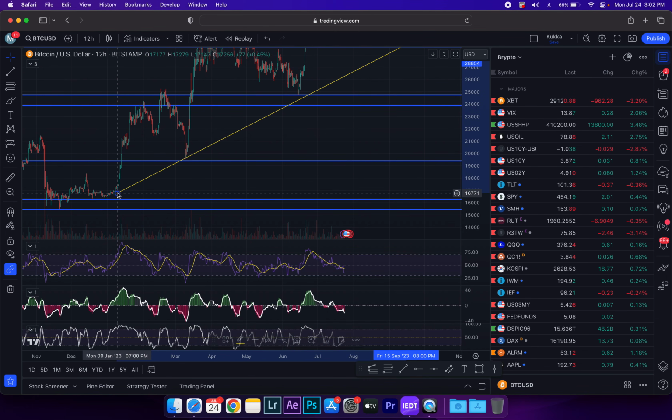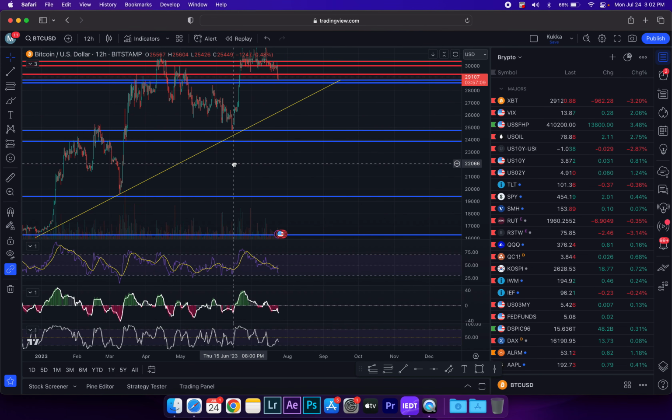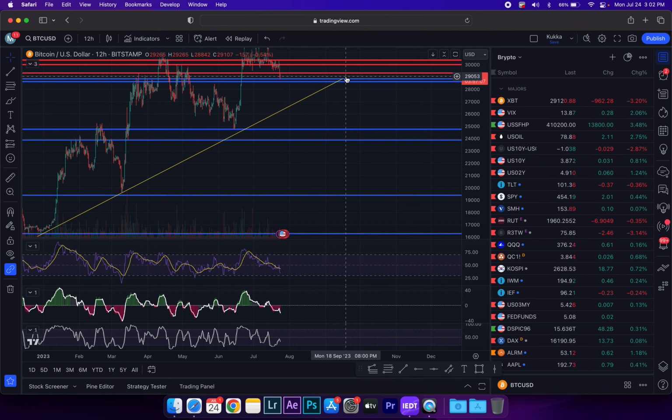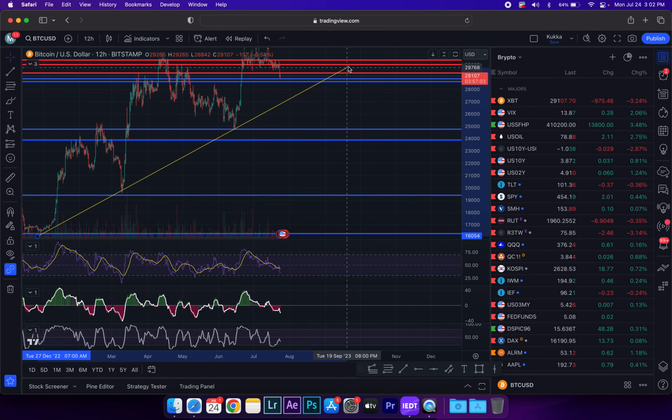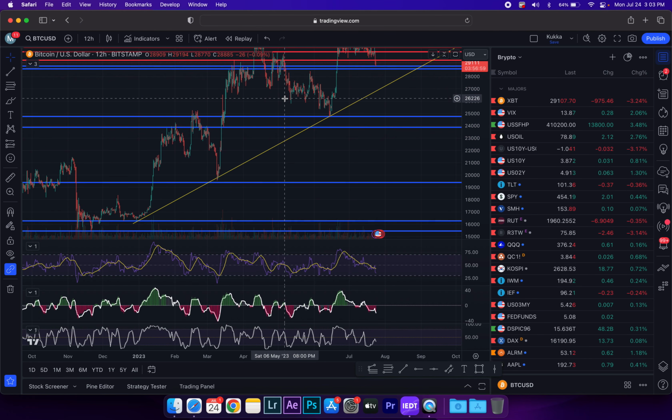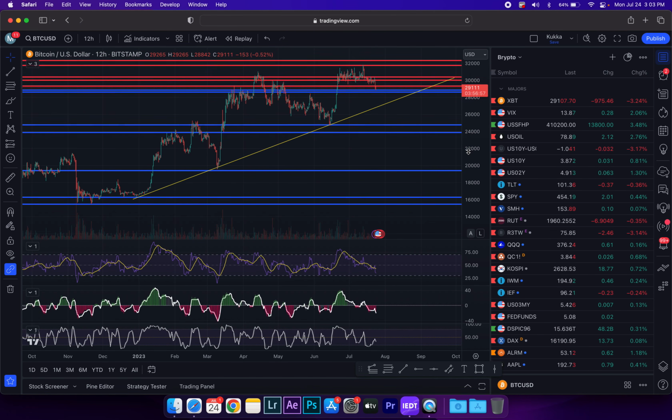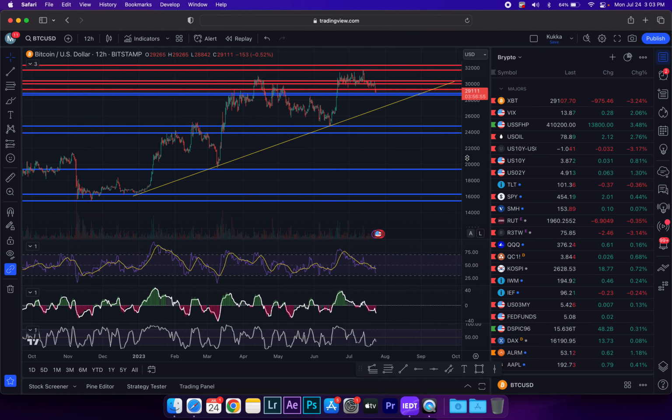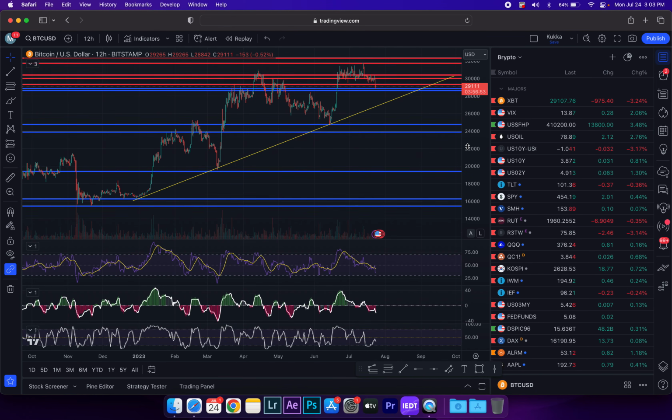So extend this a little bit right here, and then obviously right over here. So now you've made a trend line that is being followed, and BTC will respect that trend line when it comes there.